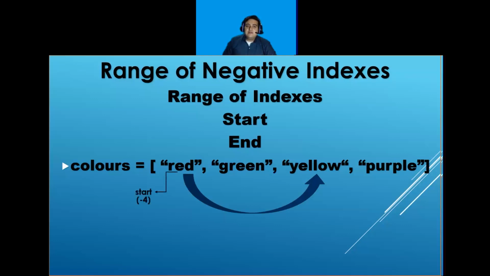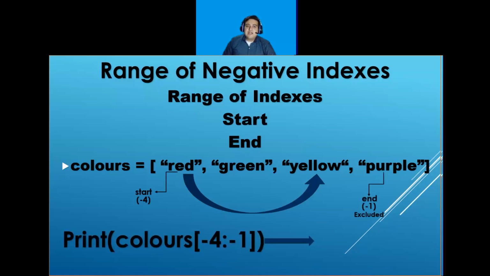So here the start is -4 and the end is -1. So my starting index is -4 and my ending index is -1. Remember that -1 will not include itself. So my output will be red, green and yellow.